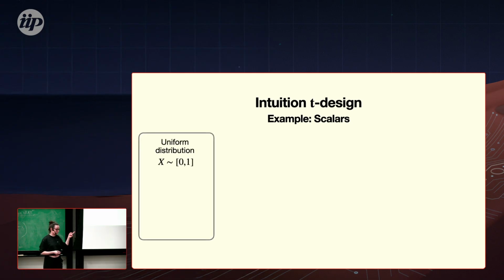And in the scalar case, the uniform distribution in the interval 0 to 1 is something that we're very familiar with, right? We just sample randomly between the interval 0 and 1 and get a number out of that. And this is the uniform distribution over this interval, which I would denote as x sampling from the interval 0, 1. And now we can calculate moments of this distribution.